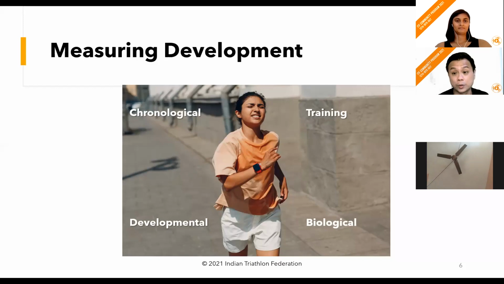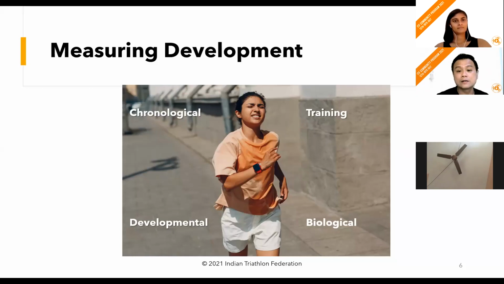So this is again very important, because when we are trying to look at talent, are you actually measuring or looking at real talent, or are you measuring training? Because obviously the boy who has been swimming for 4 years would definitely be more experienced than someone who's only been training less than a year. Okay, so I hope that makes sense.